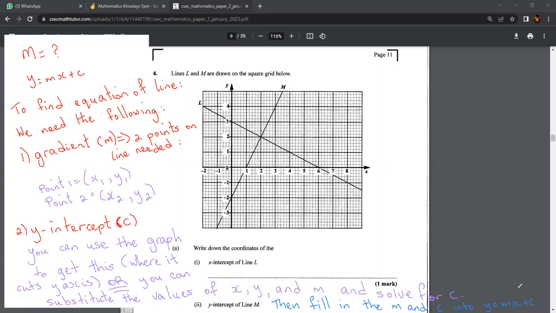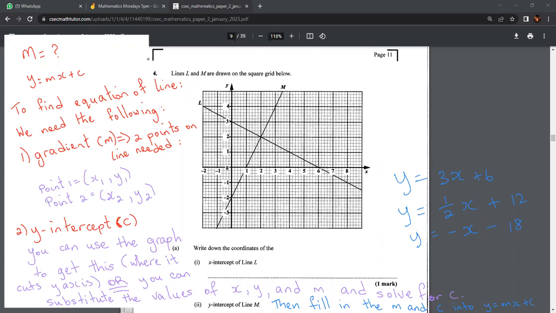All right, so I'll try to explain it as simply as I can. In order to find the equation of a line, you need two things: the gradient and the y-intercept. Because anytime you have an equation of a line, it's always like y is equal to 3x plus 6, or y is equal to a half x plus 12, or y is equal to negative 7x minus 18.